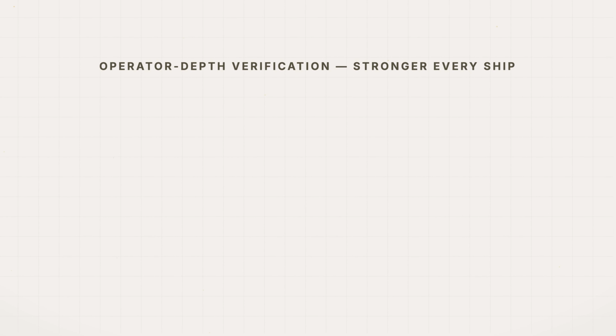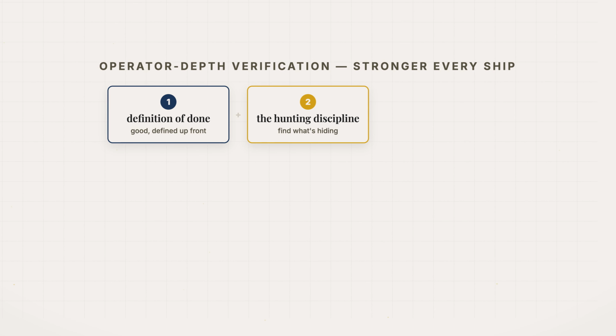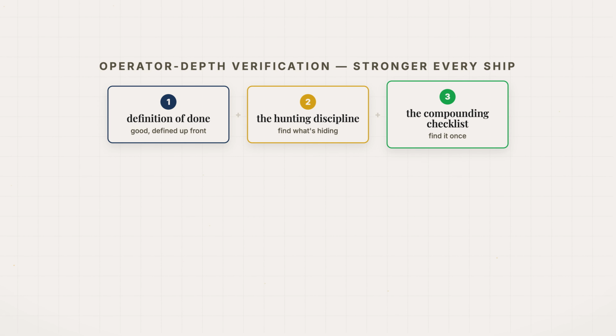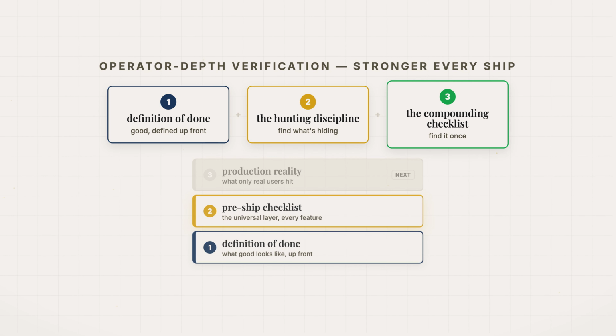So that's verification at operator depth. The definition of done tells the AI what good looks like before it builds. The hunting discipline finds the bug hiding when every check is green. And the compounding checklist makes sure that every bug you find the hard way, you only find once.